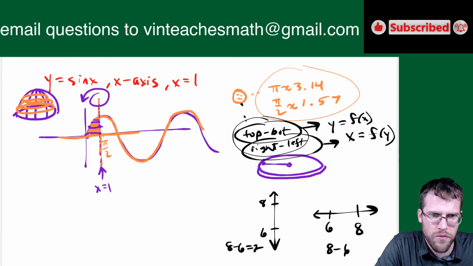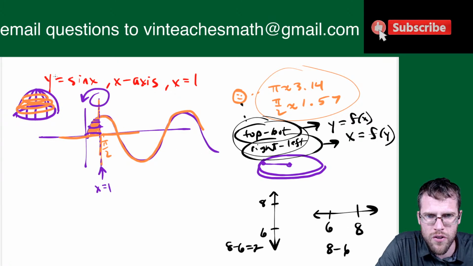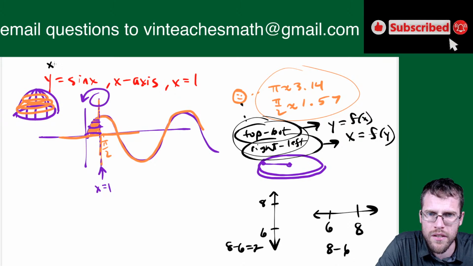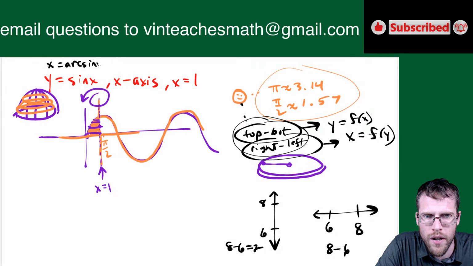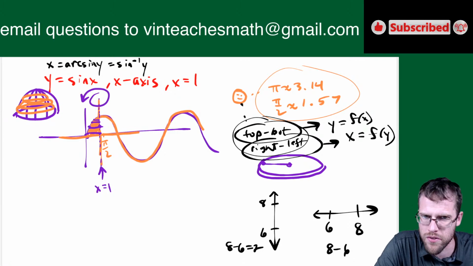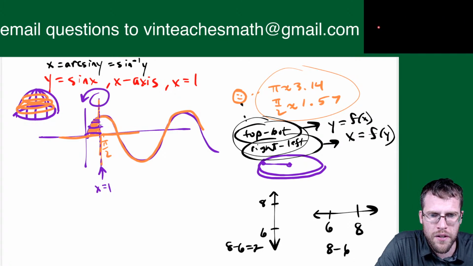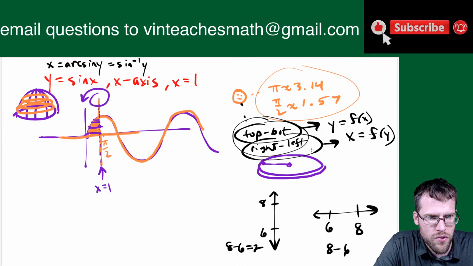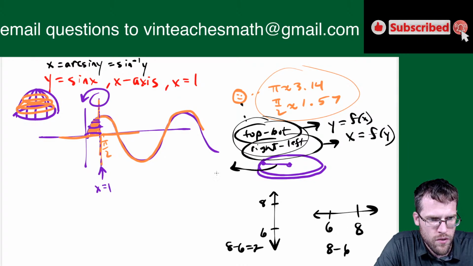This one is trickier, the right minus left stuff. So here, what would be the equation in terms of x? If y equals sine x, then x equals, I'm going to use arc sine of y. Just know this is the same thing as sine inverse of y, but the notation used here is arc sine.